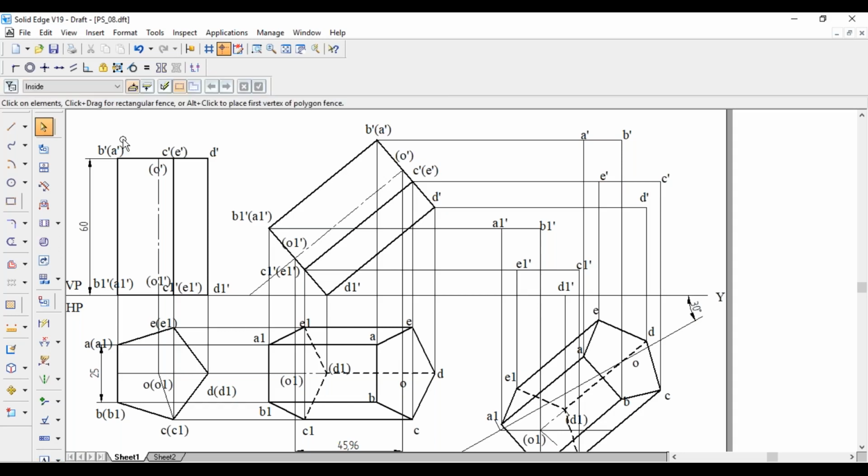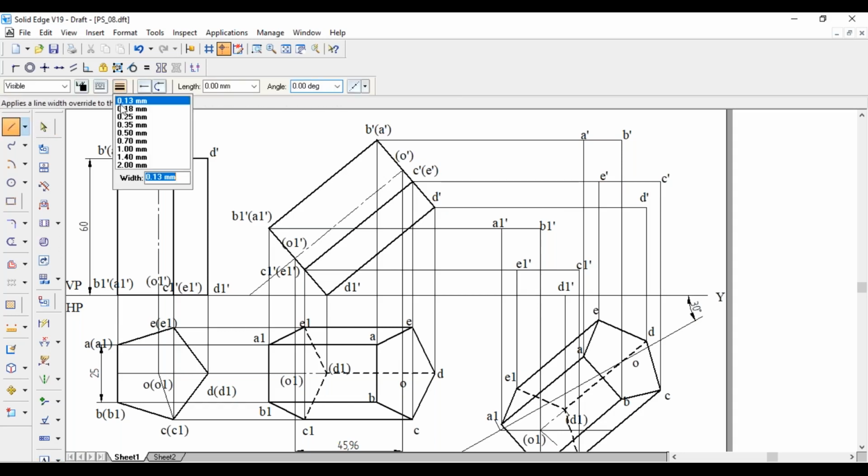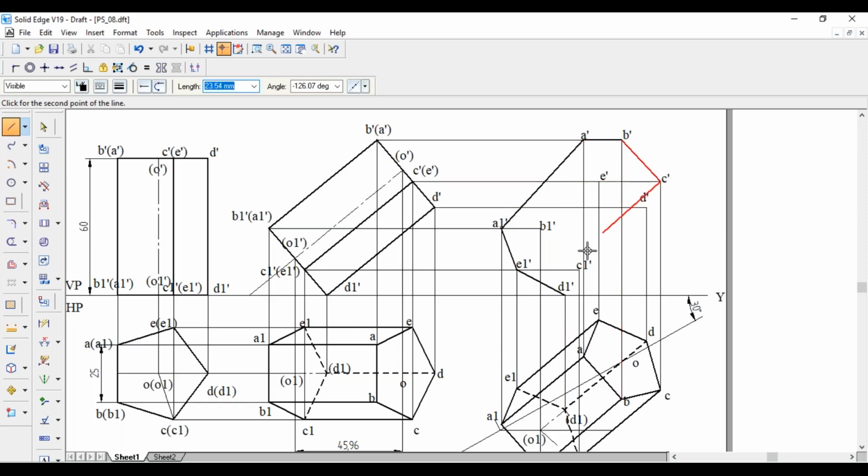So join all the outer points with a continuous dark line. D1 dash to E1 dash, E1 dash to A dash, B dash, C dash. If I go here also, D dash is coming outside. So D dash, next D1 dash.